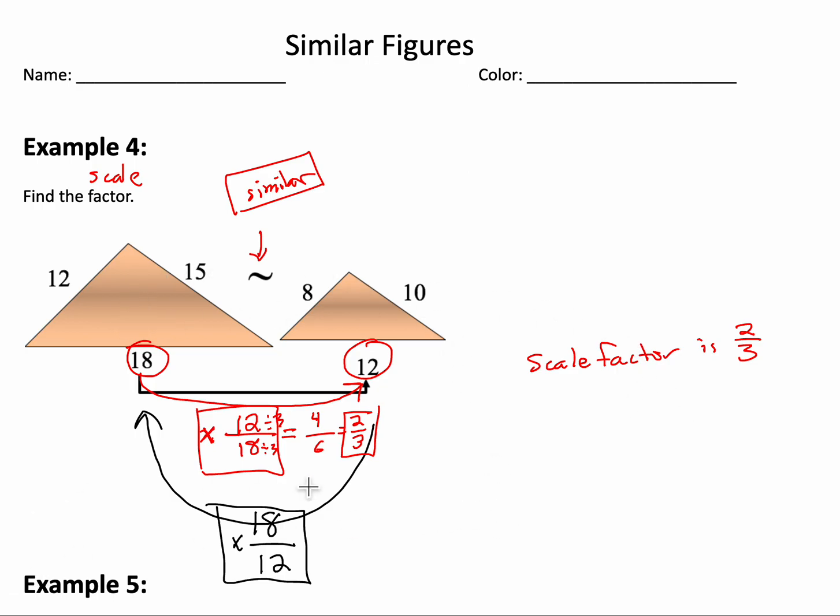Now, the scale factor from the other way, scale factor from the smaller to the larger, is that reciprocal of that. And I could see that that simplifies to 3 over 2 as my scale factor. And I always put that times number in front of it because that helps me go, oh, it's scale factor.